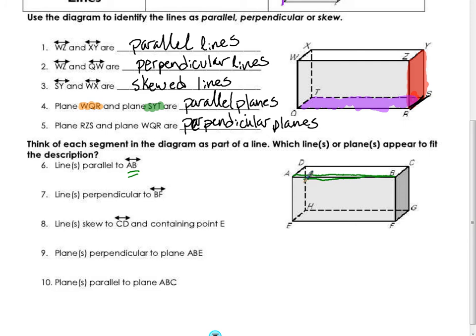So if I look at the top surface, line DC would be parallel to AB. Also, if I look below on the bottom surface, I have HG, and I also have EF. All of these lines would be parallel to AB.